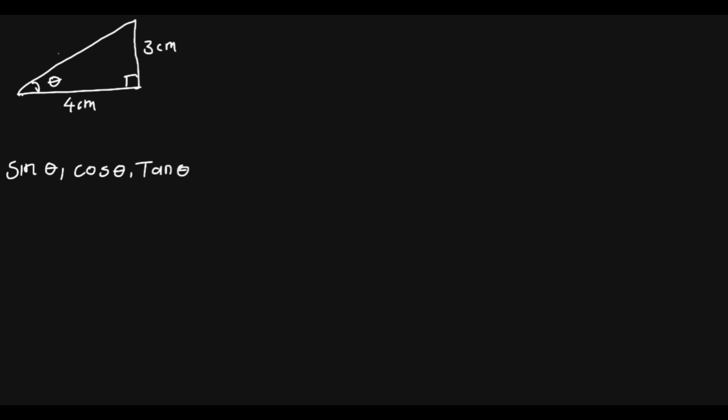For us to find the third distance, we are going to use the Pythagorean theorem. So this is our C, and here A and B. The formula is C squared is equal to A squared plus B squared. So we can just say 3 squared plus 4 squared.